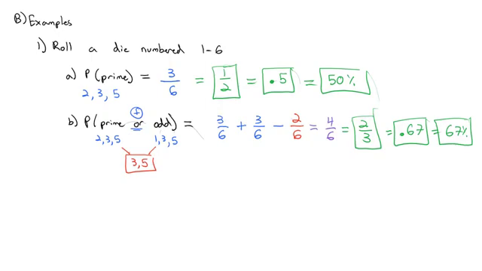Now, when I did this, we actually used the formula. We used the formula for calculating an OR probability. We found the probability of prime plus the probability of odd minus the probability of both. That's using the formula.